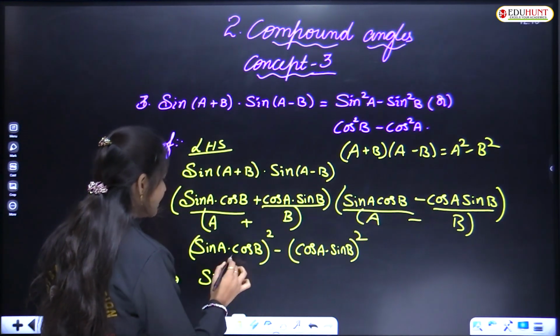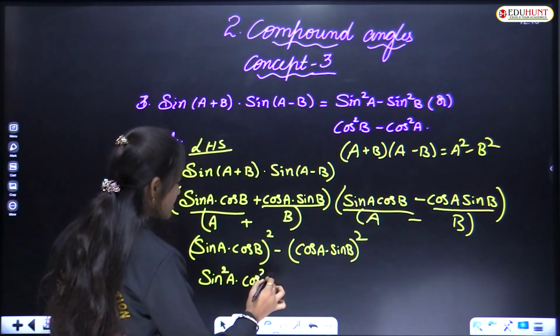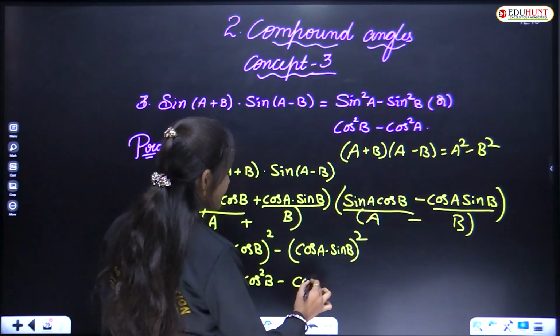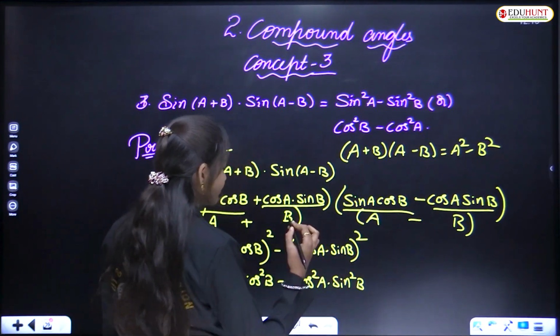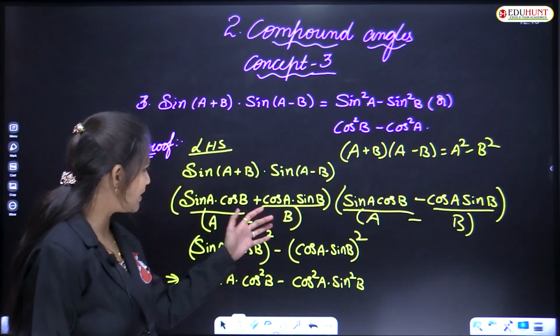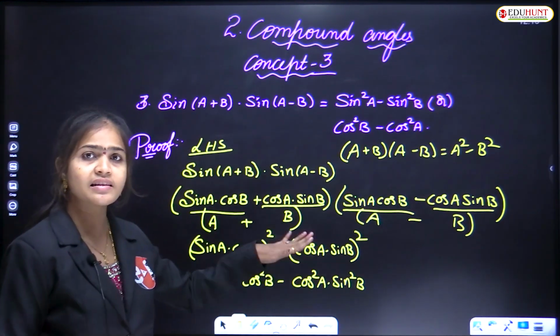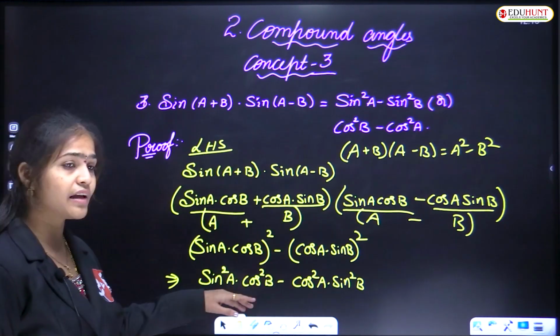So sin a cos b whole square means sin square a into cos square b, minus cos square a into sin square b. Here everything is just like the previous one, but there is a change in the trigonometric ratios, so we have to see carefully.